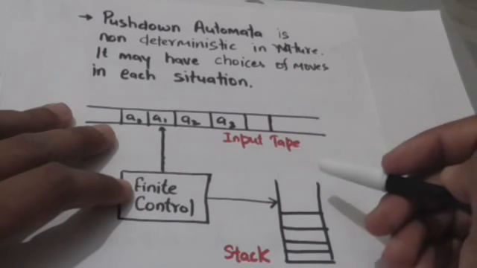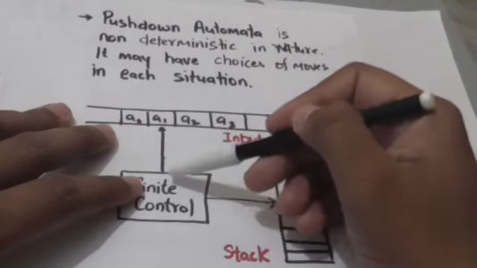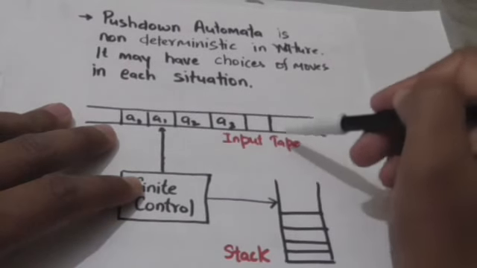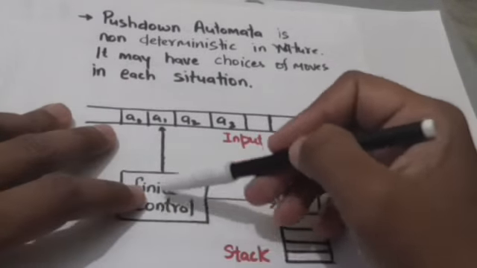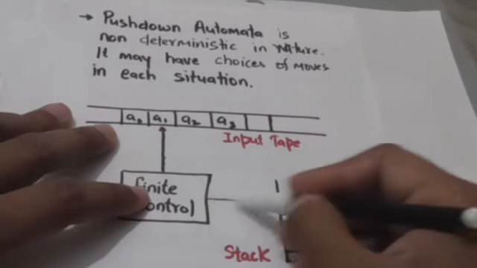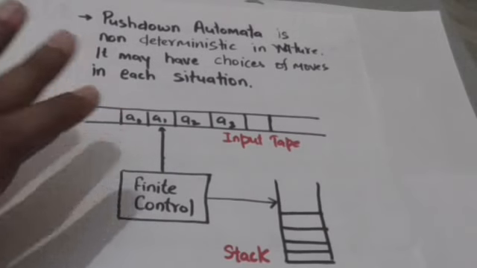Now this head points to the input symbol on the input tape which the pushdown automata is going to read. This head points to the top element of the stack.